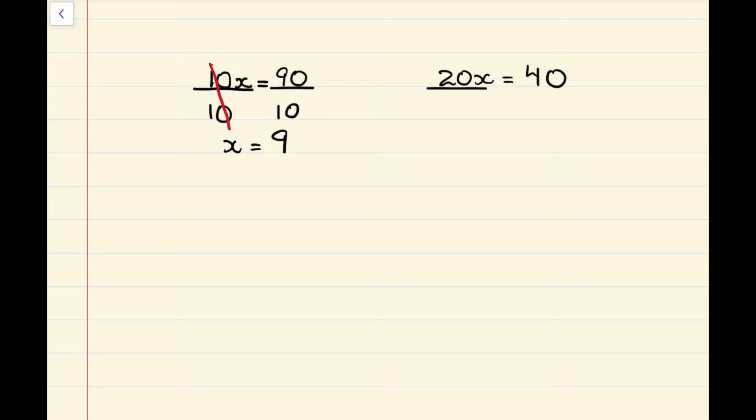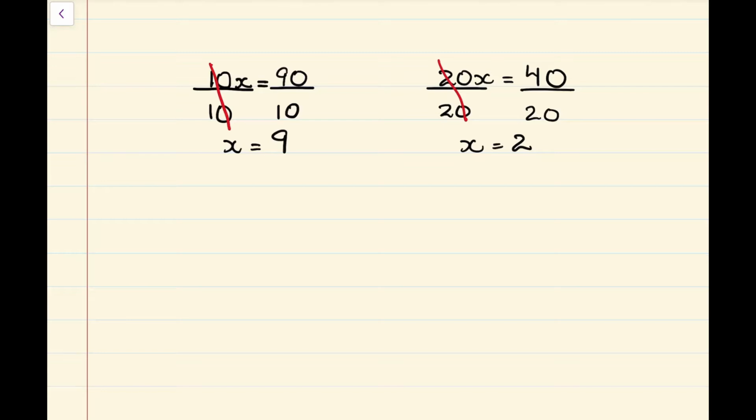So if we divide by 20 over here, what we have to do to one side of the equal sign, we have to do to the other side. So because we divided by 20 over here, we have to divide by 20 over here. And 20 divided by 20 cancels out. So then we would just have x is equal to 40 divided by 20, which is just 2, because 20 goes into 40 2 times. And that's basically how to solve that question.